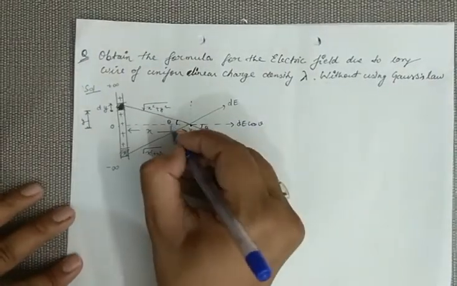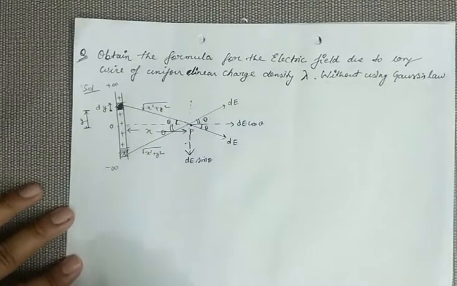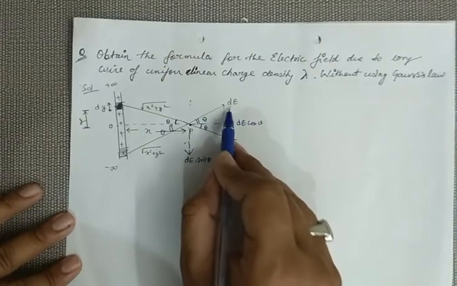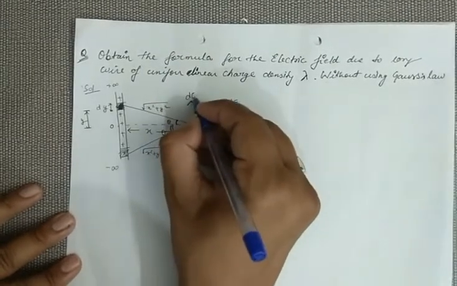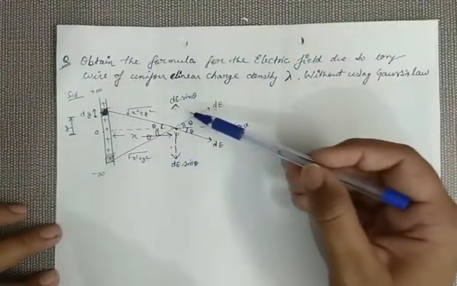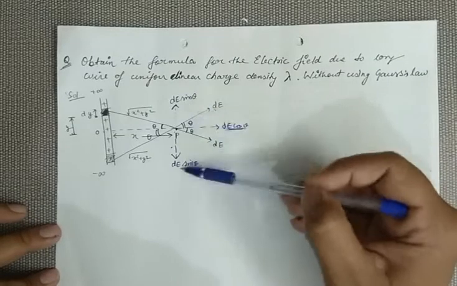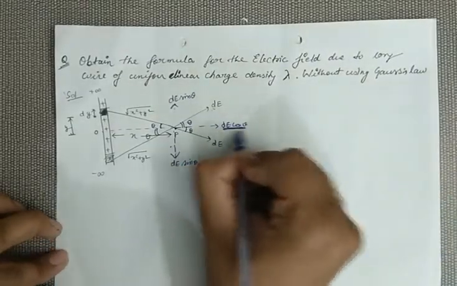Similarly, if this one is theta, then vertically opposite to this one will be theta. So on taking the component, the horizontal component will remain dE cos theta, vertical component will become dE sin theta. Now look at it carefully. Vertical upward and downward components will cancel out each other. So the net electric field is only due to dE cos theta.